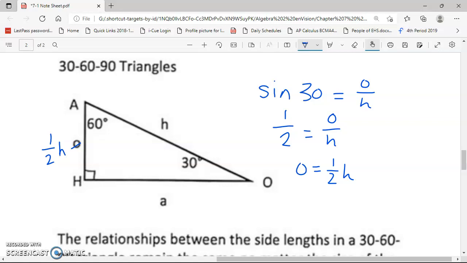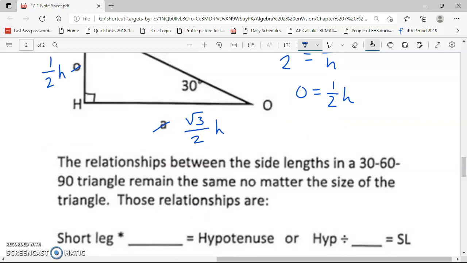We could now use the Pythagorean Theorem to solve for A, because we know 2 of the lengths, and that would be in terms of H. I'm not going to right now, but I can in class tomorrow if you're interested. But this last side length is going to be the square root of 3 over 2 times the hypotenuse. So if you know the hypotenuse, you can figure out the different side lengths based on that.